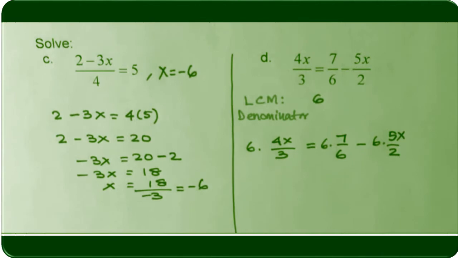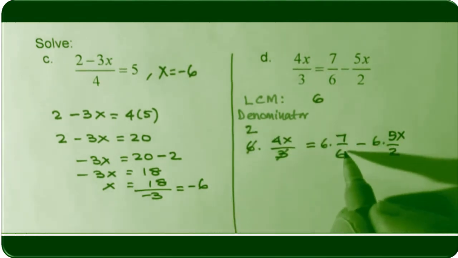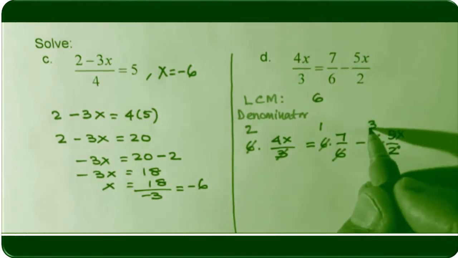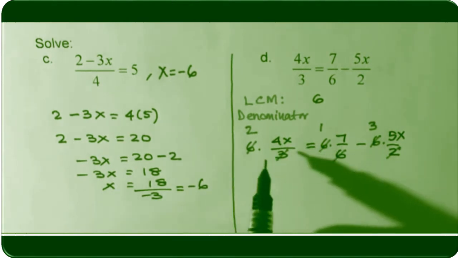When you do so, you get rid of fractions. That's the whole idea, right? So here 3 goes 2 times into 6, 6 goes 1 time, and 2 goes 3 times. So basically you get a linear equation without fractions.